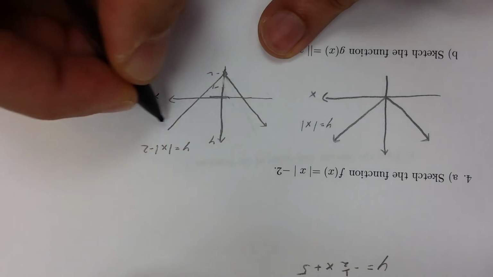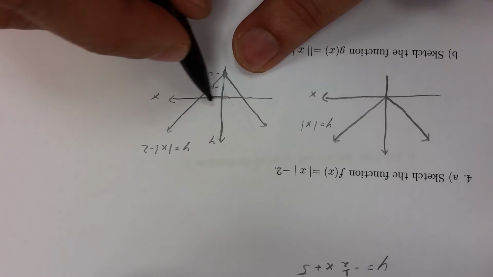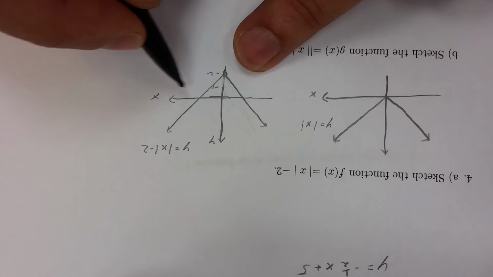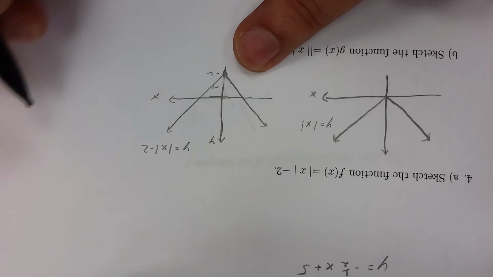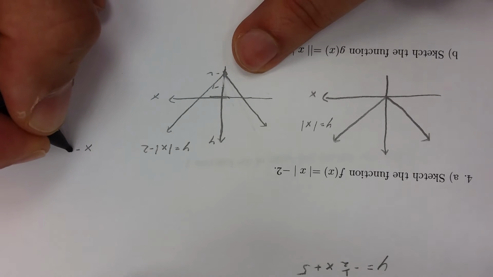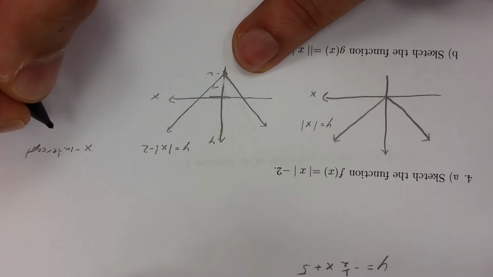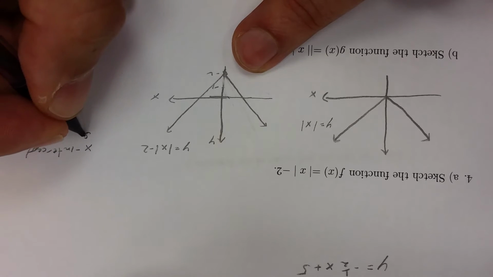Now, if we're being asked to sketch a picture, I think it's probably fair to ask where this thing crosses the x-axis too. So let's figure out where these two crossings are. We know when we look for the x-intercepts, we set y equal to 0.